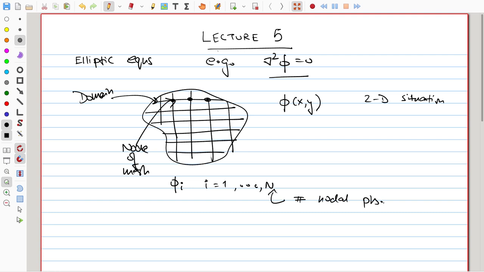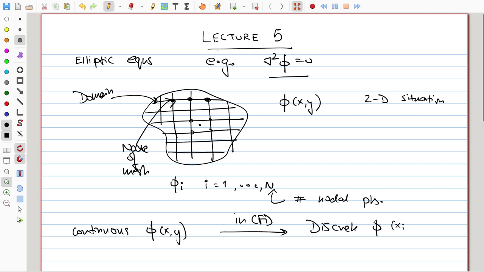Now, if you want to find a phi value somewhere inside this mesh element, what you can do is use ideas of interpolation. So, there are different methods available, that is something we will discuss later if required. But for now, the aim is how to find these phi values at these discrete node points. Okay. So, we have a continuous phi as a function of x and y, but in CFD we only solve for discrete phi values.